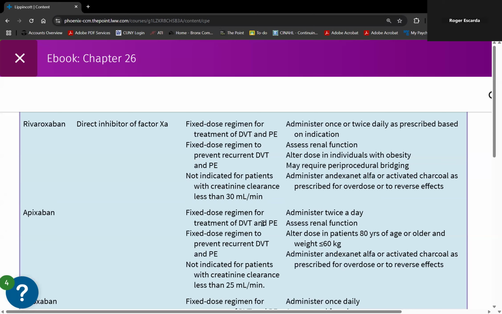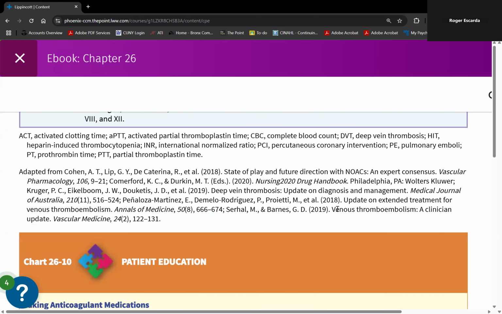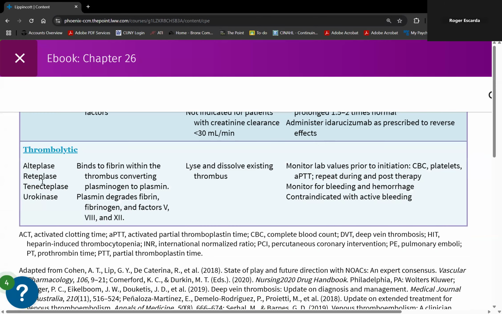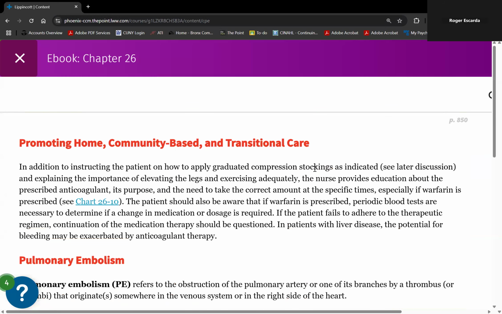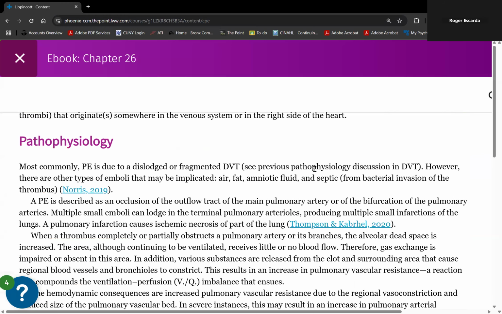Well, I've never given this drug or activated charcoal to reverse the effects. They don't order. And of course, you know alteplase, right? Okay. And here's your teaching for all patients taking anticoagulants. Any questions? Okay, let's go now to PE.